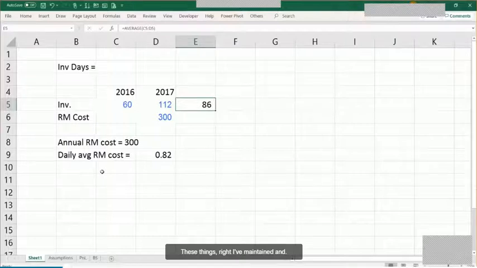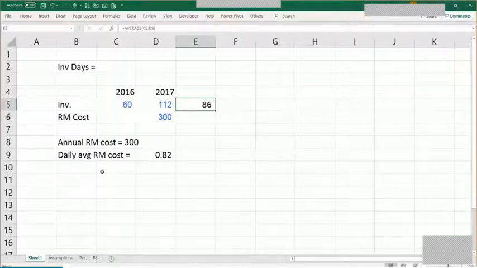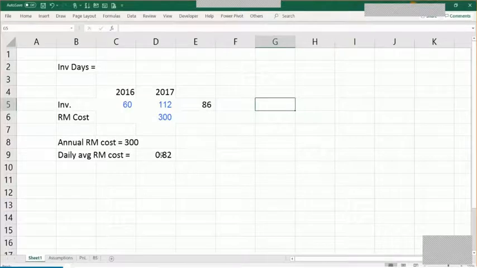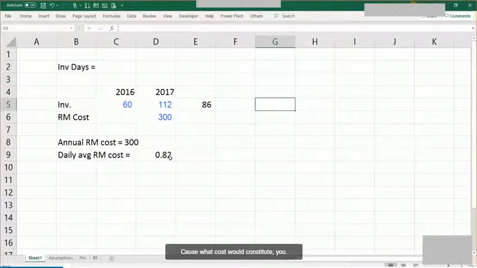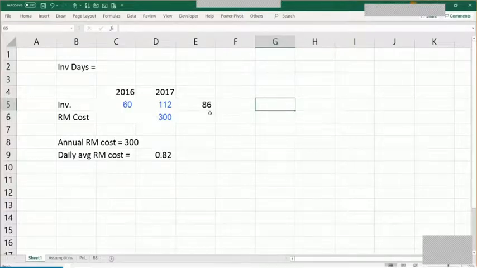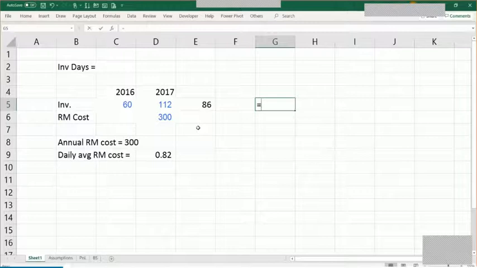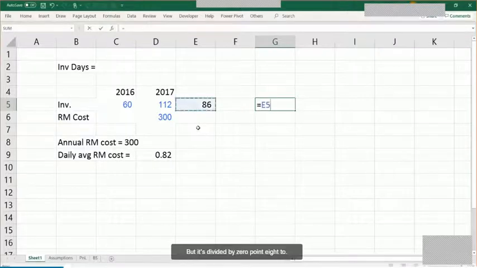So how many days of raw material cost does it correspond to? Because if one day is equal to 0.82 of cost, for how many days of the raw material cost would you get 86? That is nothing but 86 divided by 0.82.